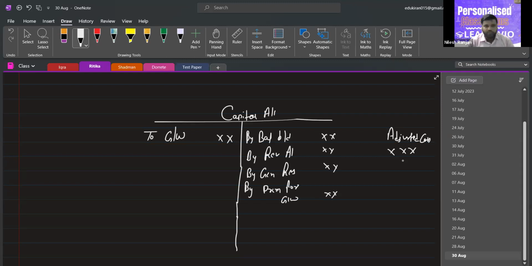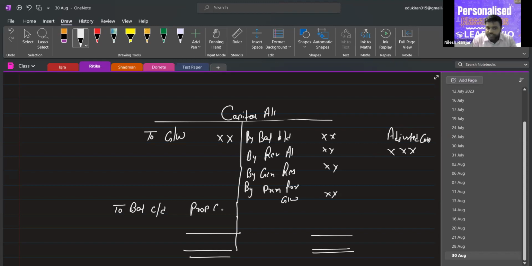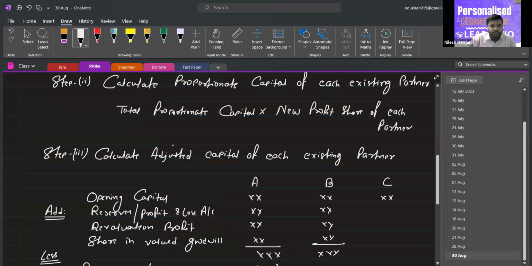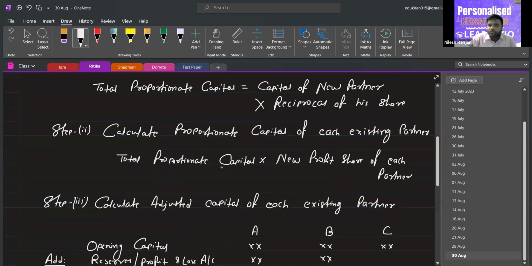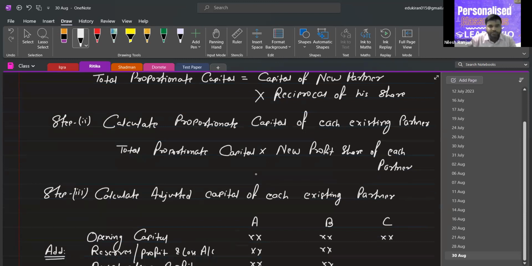Now, there is one more thing. If you don't want to calculate this adjusted capital, there is one more method we can use. We directly write here to balance c/d whatever the new proportionate capital is, which we have calculated by multiplying the total proportionate capital of the firm with the partner's new profit sharing ratio.